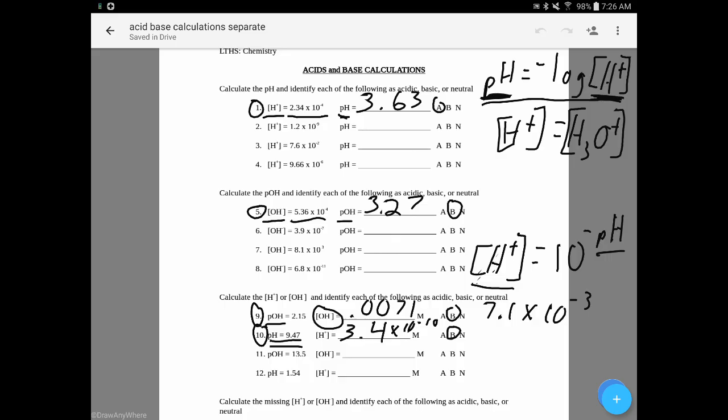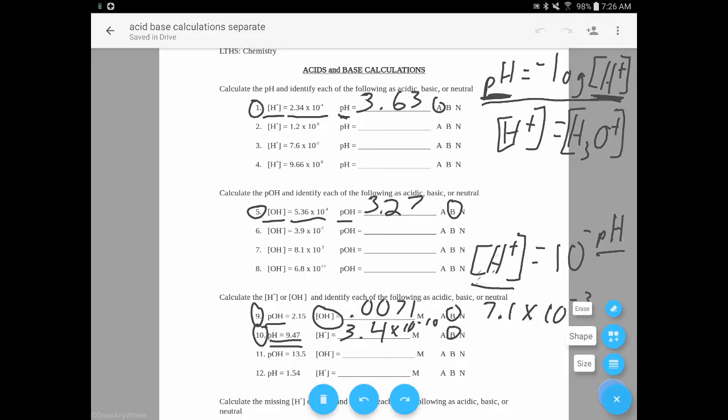Or you can just look at the concentrations. Whichever of OH minus or H plus has the greater concentration determines it. If H plus has a higher concentration than OH minus, then it's acidic. If OH minus has a higher concentration than H plus, it's basic.